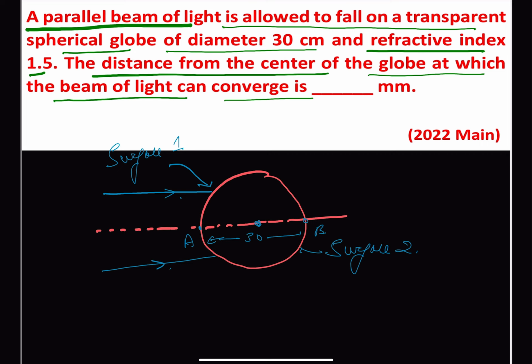So it means first of all the parallel beam is going to strike surface 1, and then the image found by surface 1 will be acting as an object for surface 2. And therefore we can find out the required convergence after surface 2.